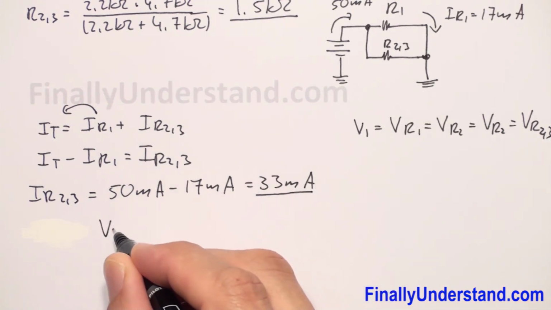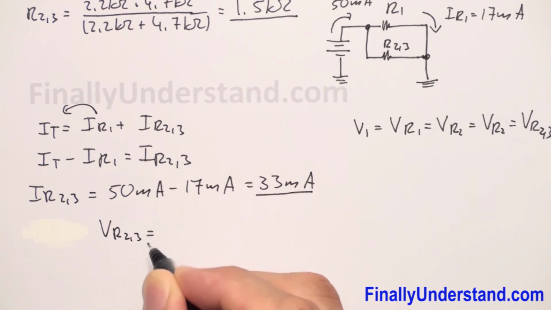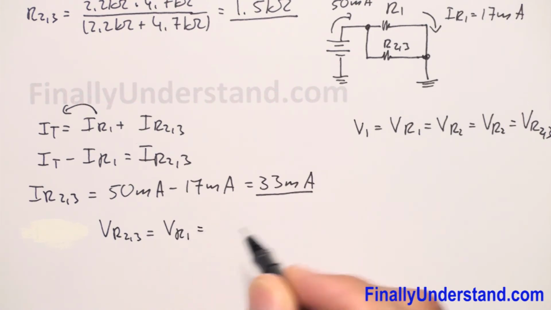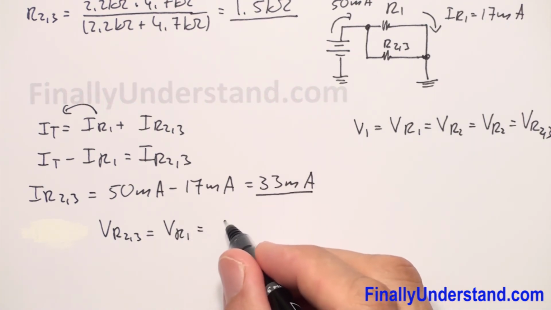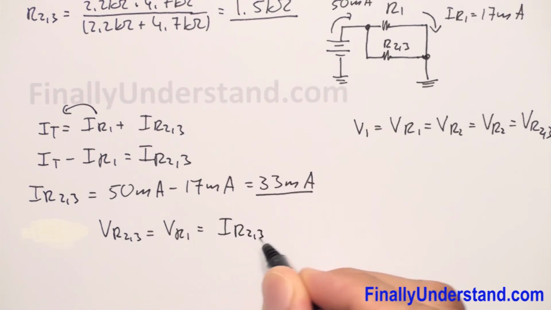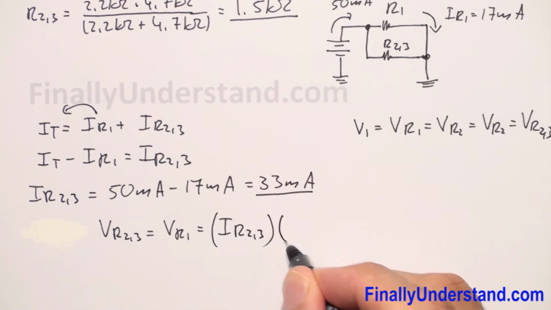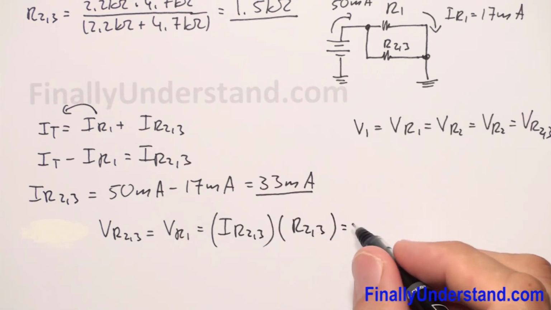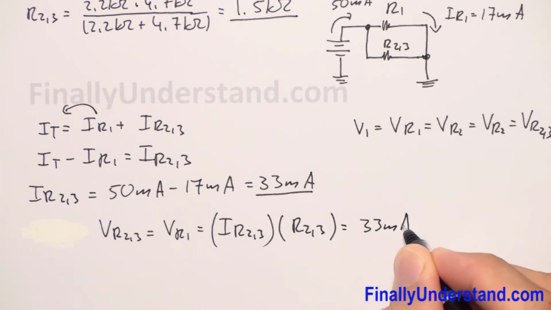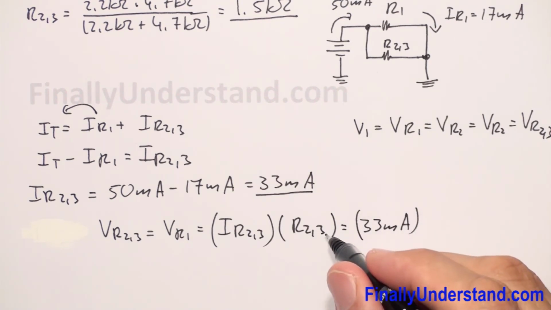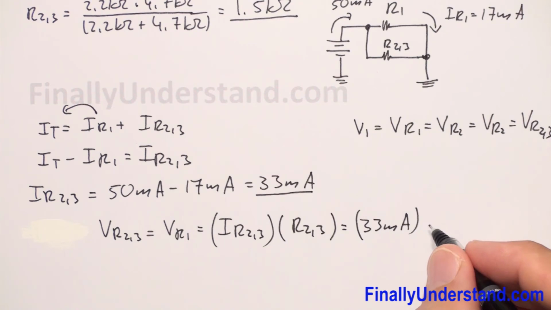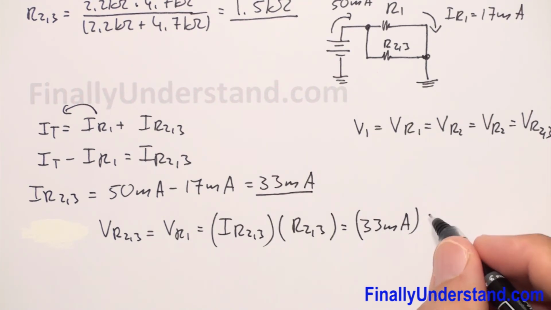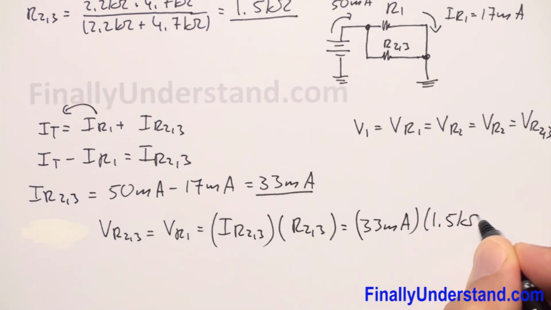So voltage VR23, which is also equal to the voltage across resistor R1, is equal to IR23 times R23. IR23 is equal to 33 milliamps times resistance R23, which is equal to 1.5 kilo ohms.